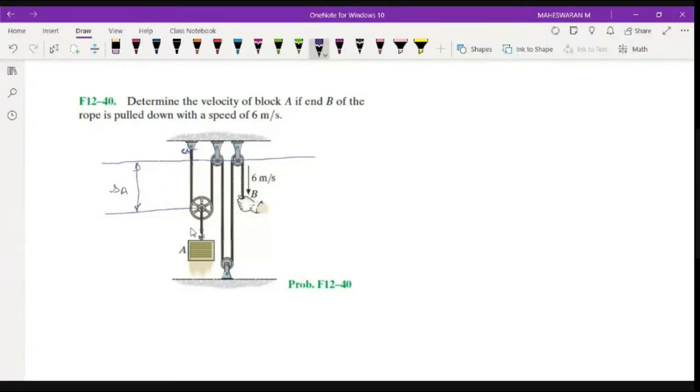This is the main part that is moving, and this one is fixed. It is not moving.